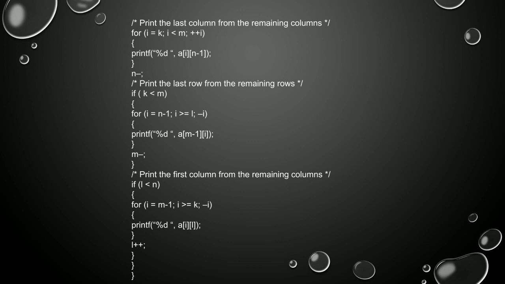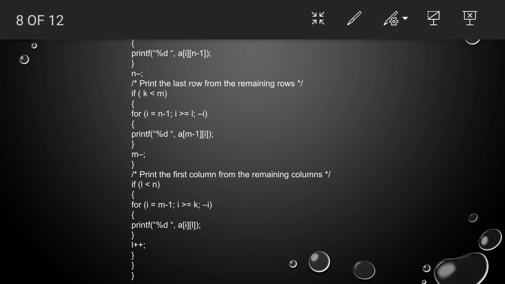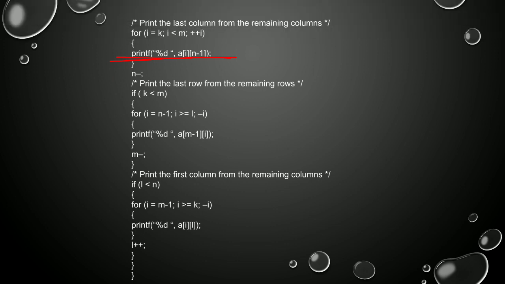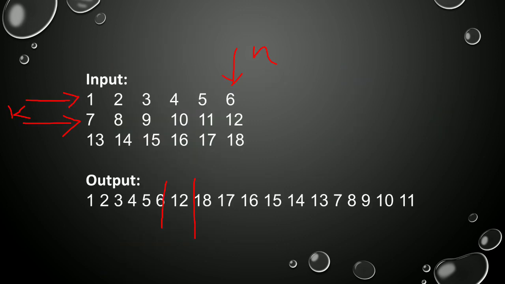So we are printing a of i to n minus 1. n is 6, so 6 minus 1 is 5. That will be the fifth column, and the i value starts with k. So k is the first row, and we are printing the value at first row and fifth column.